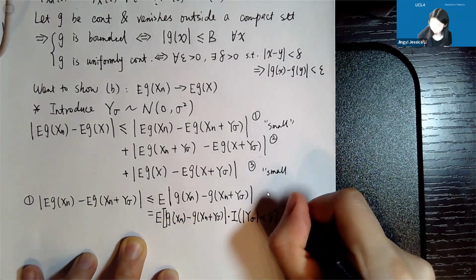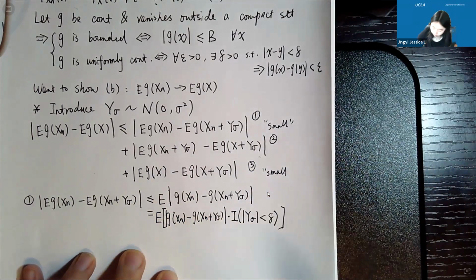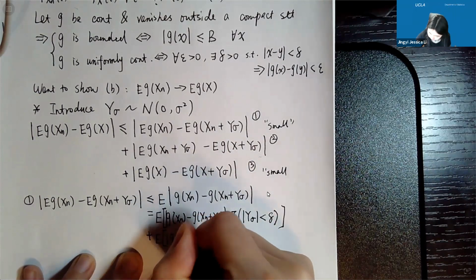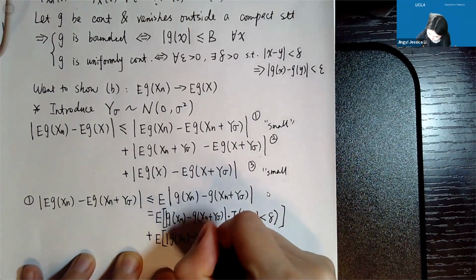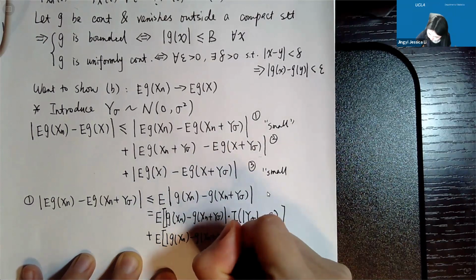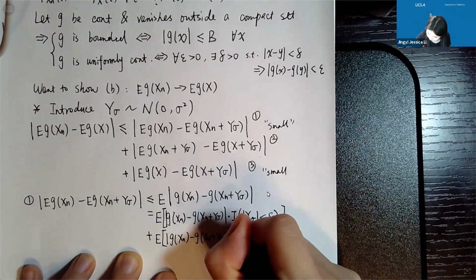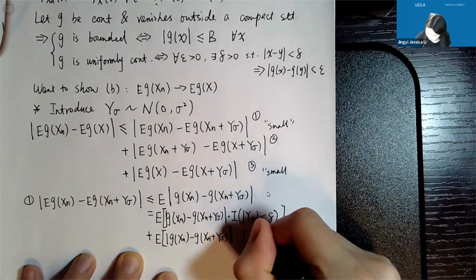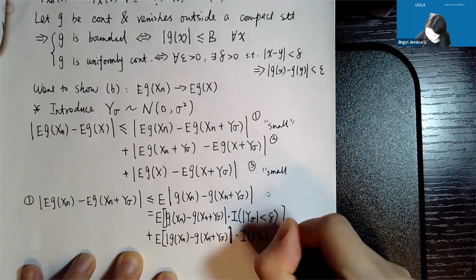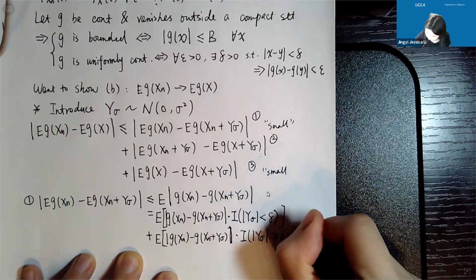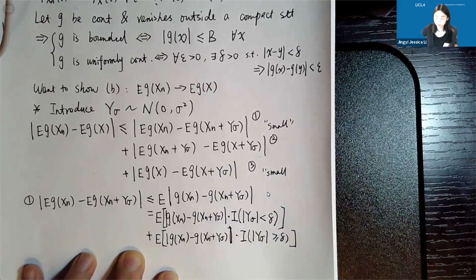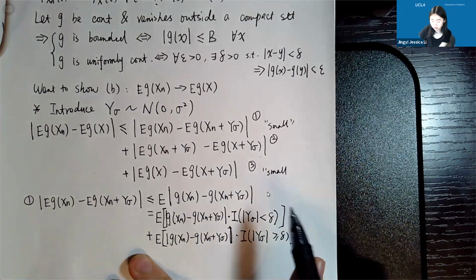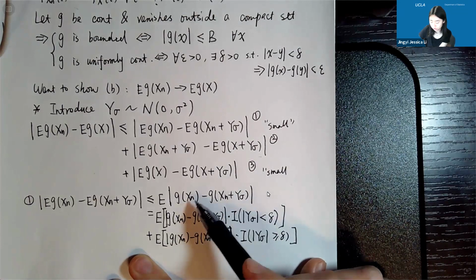And the second part is the absolute value term times the indicator that Y sigma is large. I have these two parts. And that's another trick we used before: introduce an indicator function to divide the expectation into two parts.